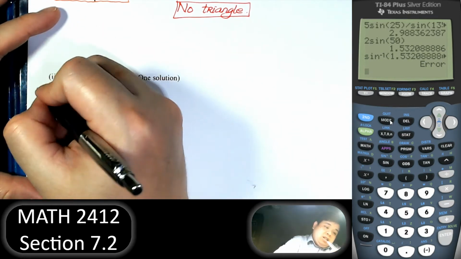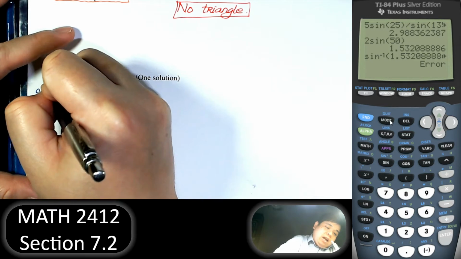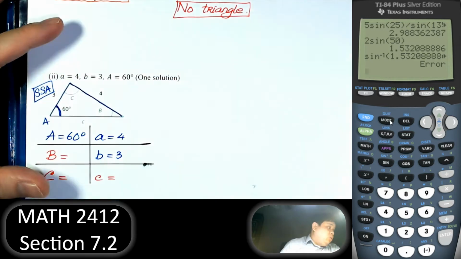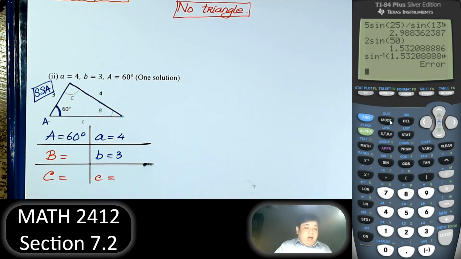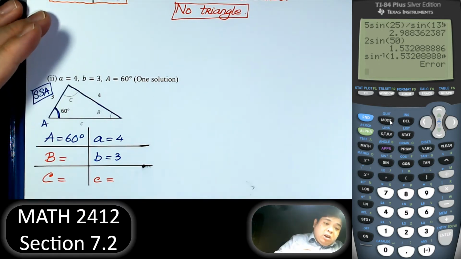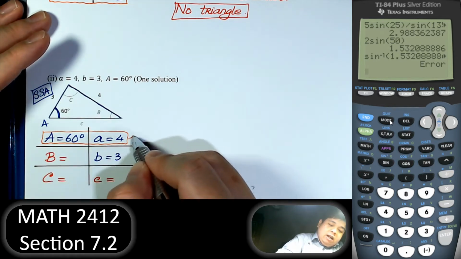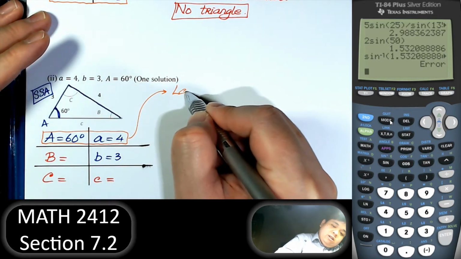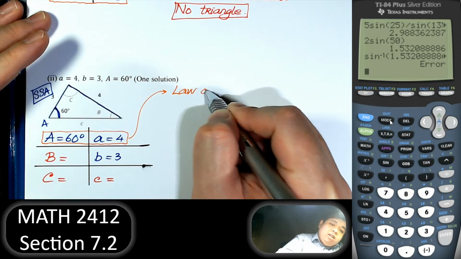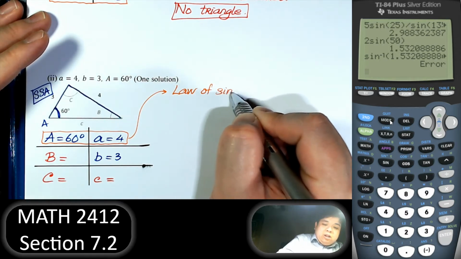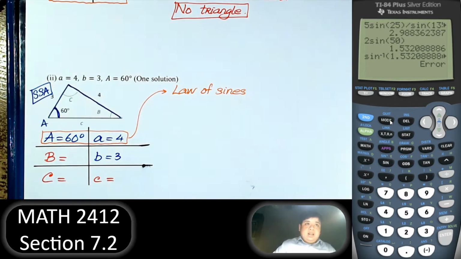So once again, this is the SSA scenario, in which case we might have no solution, one solution or two solutions. But regardless, where we start, we look at this, and that is the law of sines. Every time we have a pair of opposite angle and side, that is the law of sines.